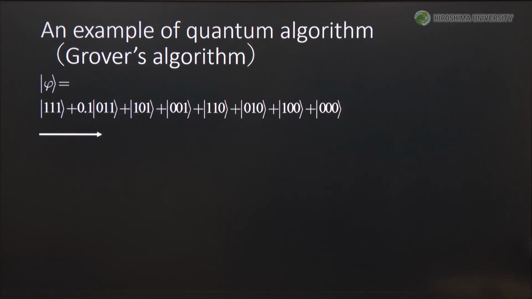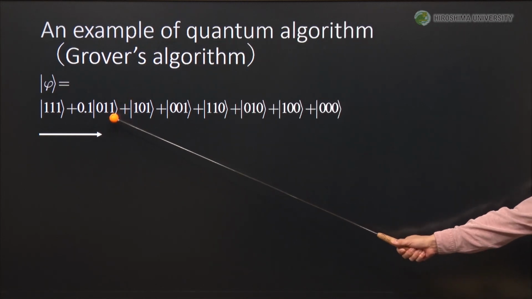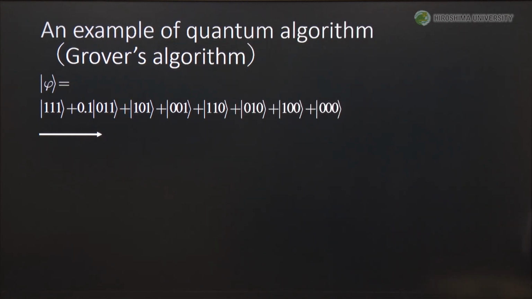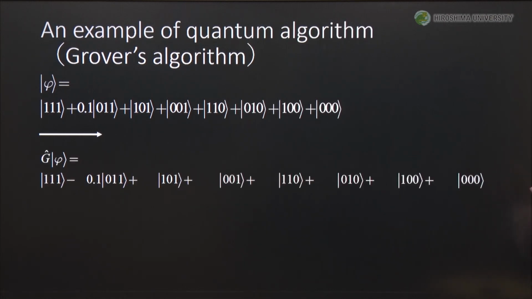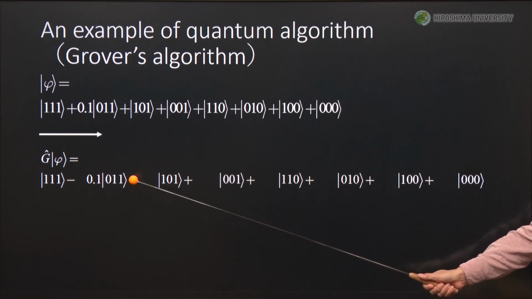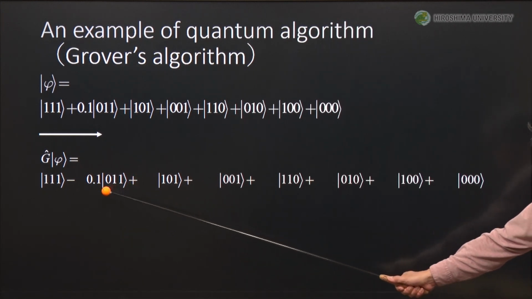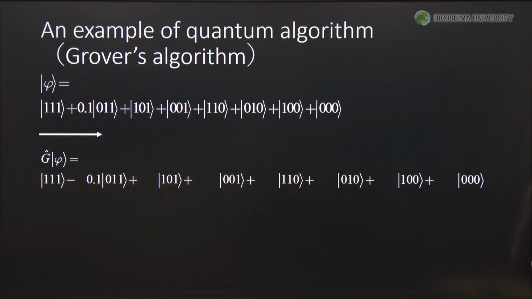What Grover found is an algorithm that can efficiently find this combination of bits. Apply the so-called Grover algorithm. I'm not going to explain the details. Once applied, it changes this coefficient a little bit.